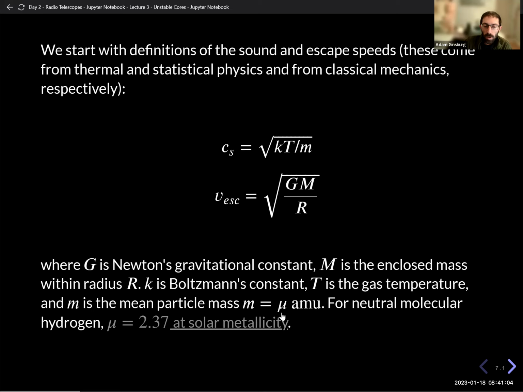To go from mu times AMU to a mass in grams, you multiply by the atomic mass unit, which is 1 hydrogen mass, or that unit is also called 1 Dalton. We generally don't worry about the difference between a hydrogen mass and a proton mass. Those are the same to within the accuracy we'll care about.